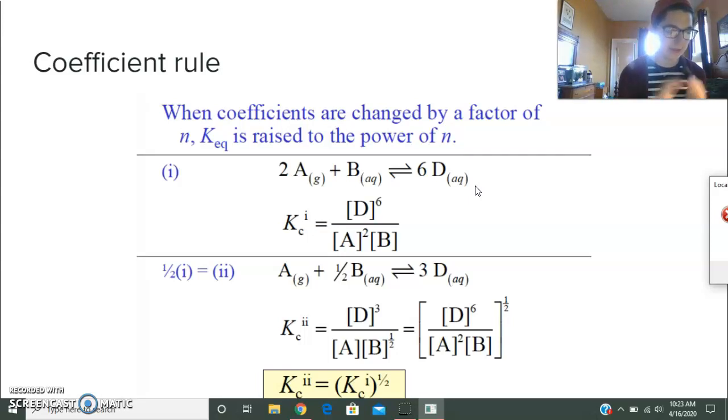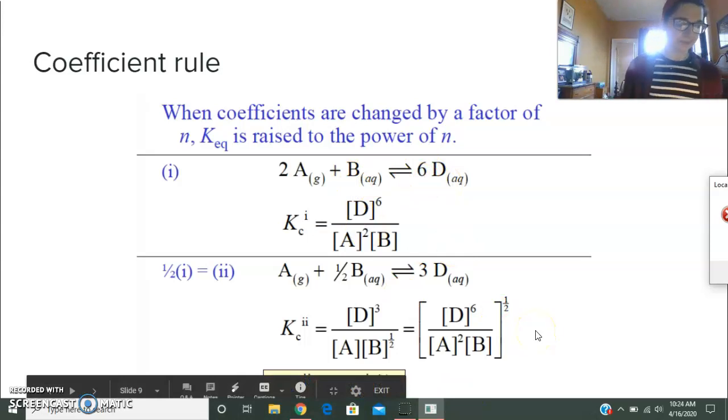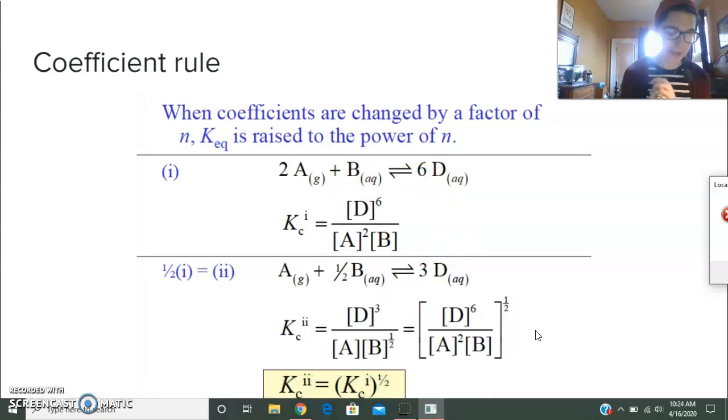So the stoichiometric ratios are still the same between both equations. We still have twice as much A as we do B in both equations. And we still have 6 times more D than B in both equations. The concentrations of products and reactants would not change if you double the stoichiometric coefficients or divide them in half. The system, again, doesn't care what equation you're using, it's doing its own thing.